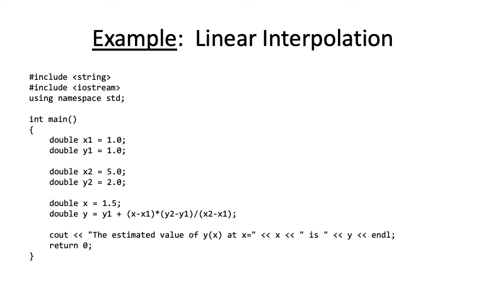So at some point in between x1 and x2, x, I'm saying let's see what the value of y at x equals 1.5 is. And so using that formula from the previous slide, we can calculate that y is equal to all of this. Then the program will output the estimated value of y of x at x equals, here x would be 1.5, is, and then it would calculate the value of y. And then it's done.